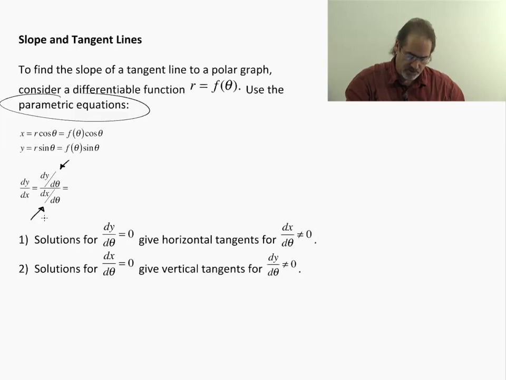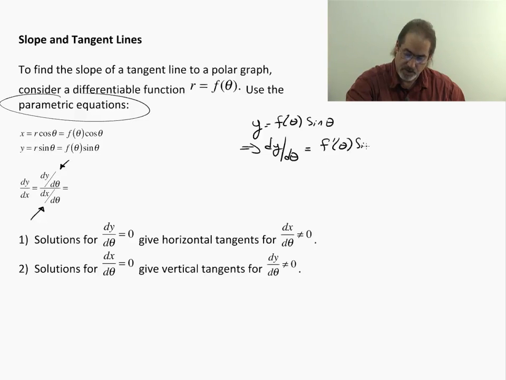So let's figure out what dy/d theta and dx/d theta is. If y is equal to f of theta sine theta, then dy/d theta will be equal to f prime of theta sine theta plus f of theta cosine of theta.